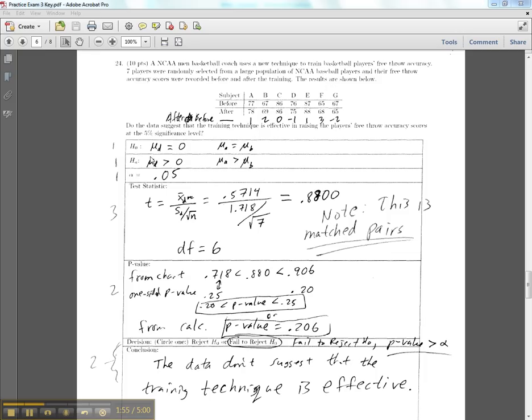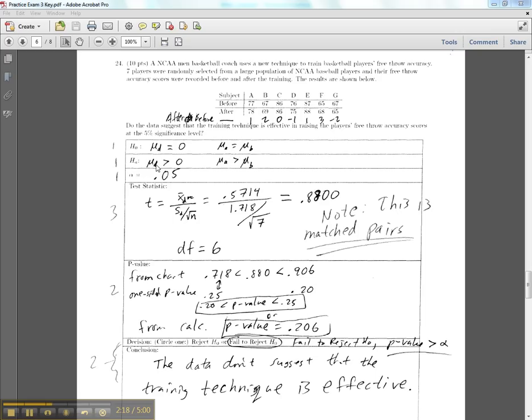So to set it up, our null hypothesis, when we talk about null hypothesis, is that there's no difference, right? So if there's no difference before and after training, the players' free throw accuracy is the same. So the difference between before and after is 0.